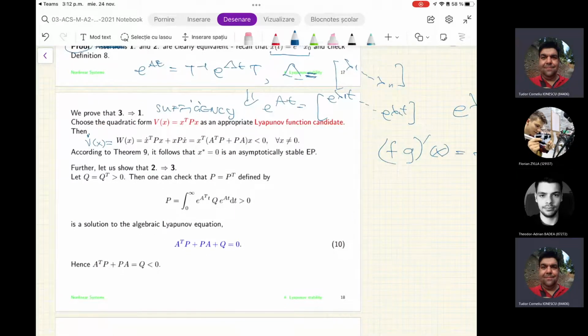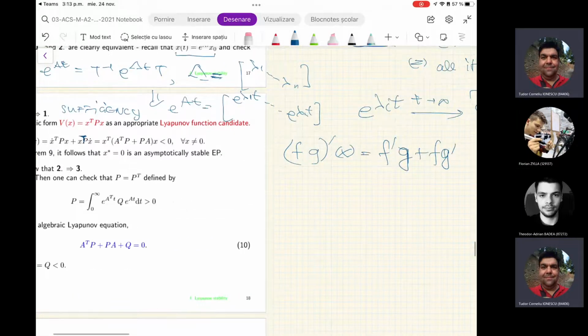So it is x dot transpose Px plus x transpose P x dot. And what is x dot? X dot is Ax.